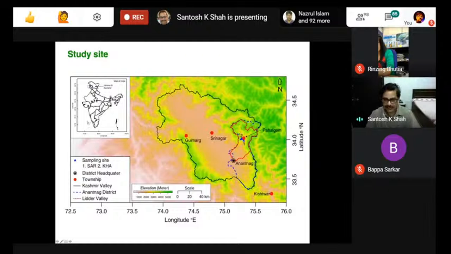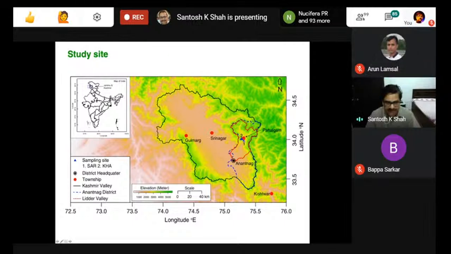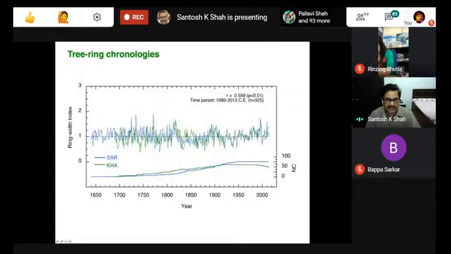These are tree ring samples we collected from Pahalgam. Me and one of my PhD students, Uttam, who is also listening to this talk, collected them and carried out this study. These are the chronologies, based on more than 100 tree ring samples from two sites, and see how perfectly they match each other.